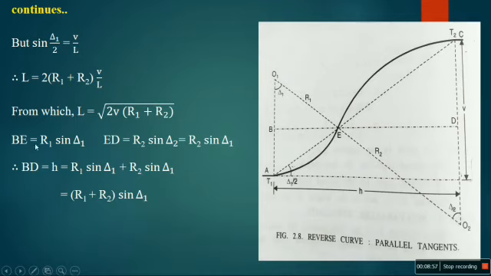Here B is R1 sin delta 1 and ED is R2 sin delta 2. Delta 2 is equal to delta 1, so we can write R2 into sin delta 1. Therefore, H is equal to B plus ED. With respect to values and simplification, we get H equal to R1 plus R2 into sin delta 1.